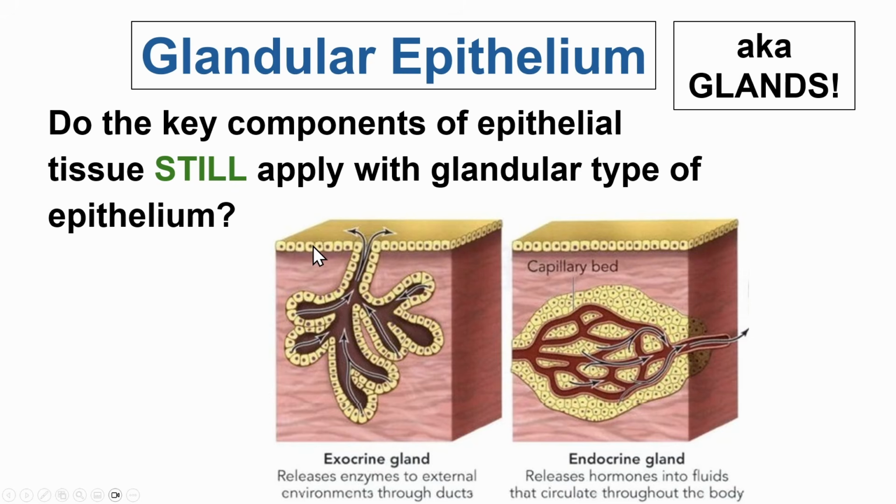Next, the cells are still closely attached to one another, therefore, they would still contain your junctions, okay? Or intercellular junctions. So, still, basement membrane and closely packed cells, they are agreeing with the general characteristics of your epithelial tissue.